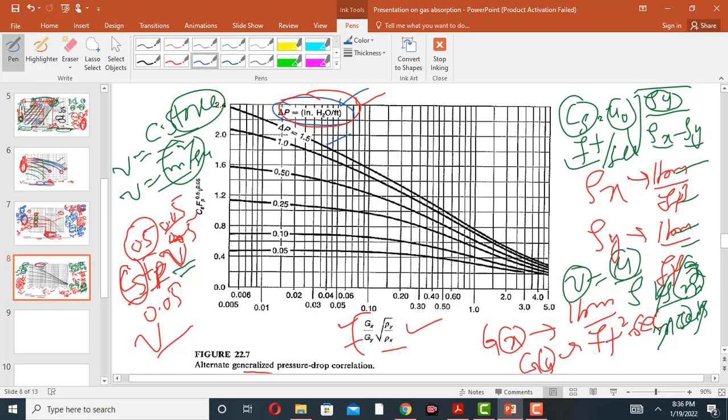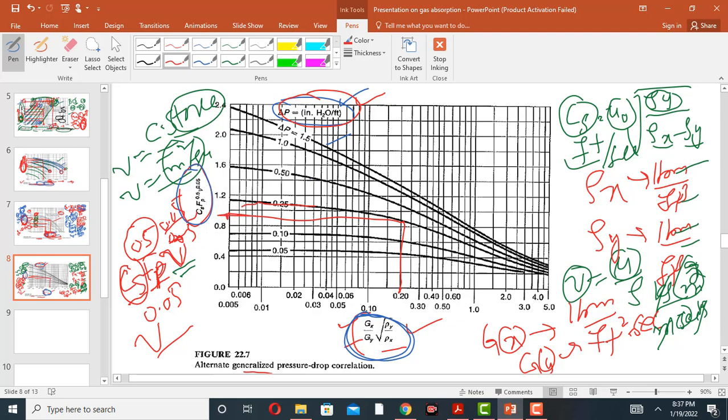So on the y-axis this one is given, and on the x-axis this one is given. If we know Gx divided by Gy into the root of rho y divided by rho x, suppose the x-axis value is 0.2, and at this pressure drop we obtain the y-intercept, which is 0.9.